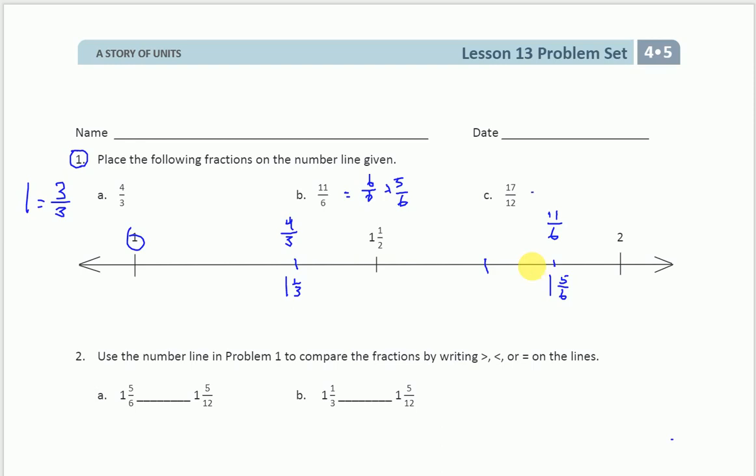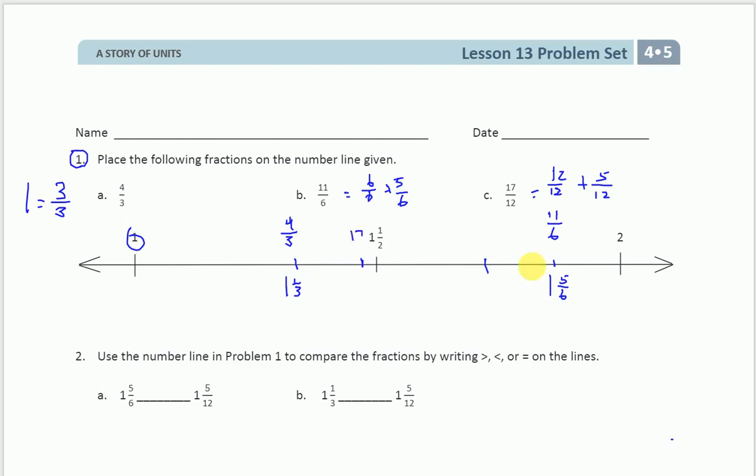And then in C, 12/12 would equal 1 whole. So that would be 12/12, and then we'd have 5/12. Well, 5/12 is a little less than a half, so we're going to put that right about here. So that's going to be 17/12.